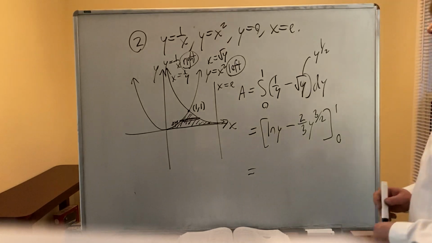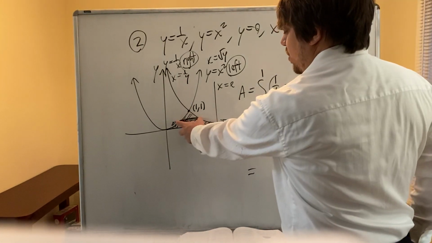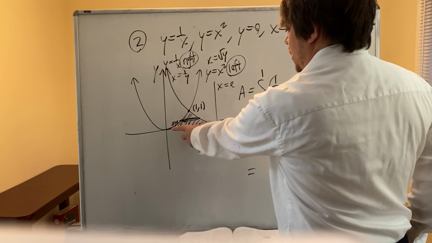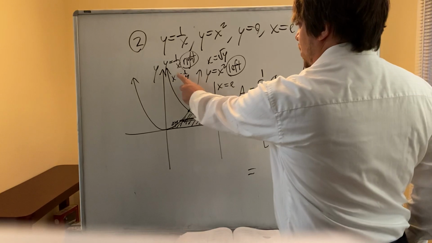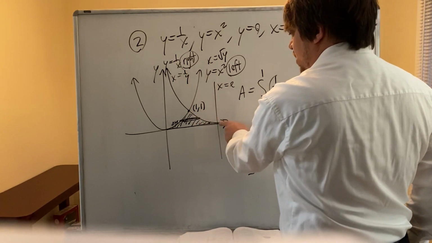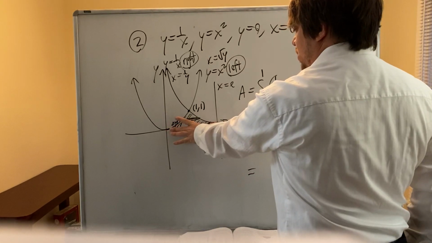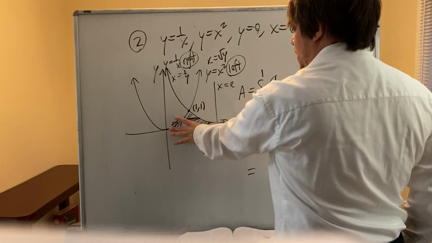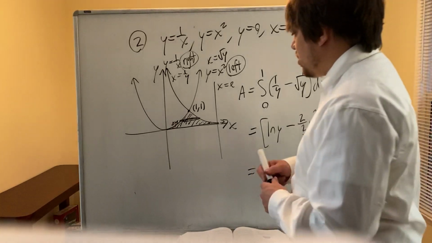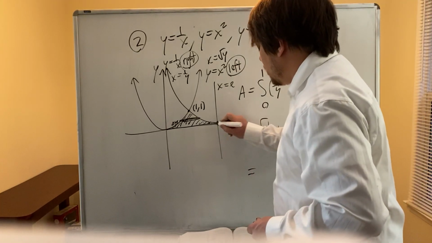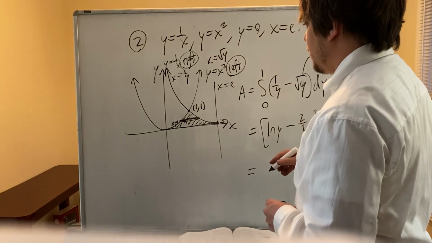Oh, sorry, wait, this won't work. The reason this won't work is because for the horizontal rectangles, the 1 over x function is to the right only until this point, and then there's a vertical part. So the horizontal rectangle actually will stop here. Now I could find this point on the curve, the y value, and continue with this method, which I'm thinking of maybe doing.